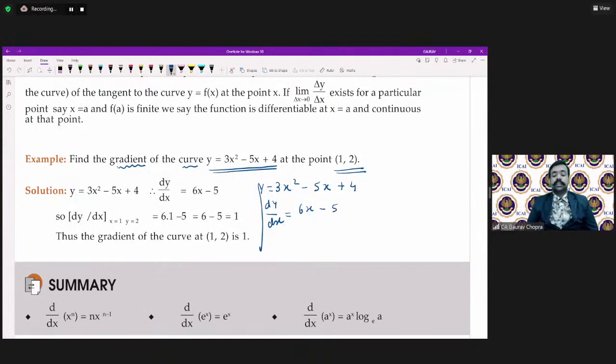This is the derivative. The point given to us is 1 comma 2, which means x is 1 and y is 2. In the equation we have only x, so we simply substitute the value of x: 6 multiplied by 1 minus 5. We are getting 1 as the result. So what is the gradient? The gradient is equal to 1.